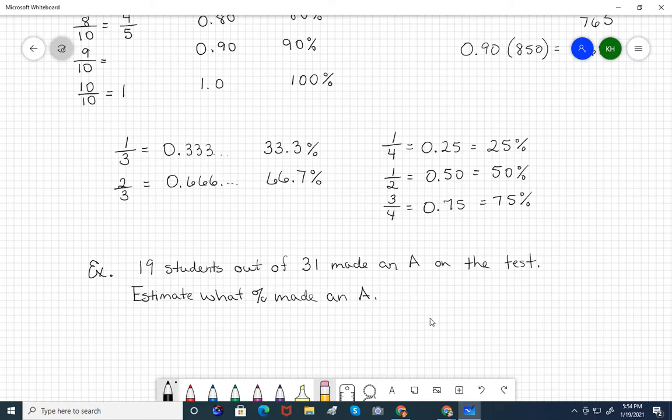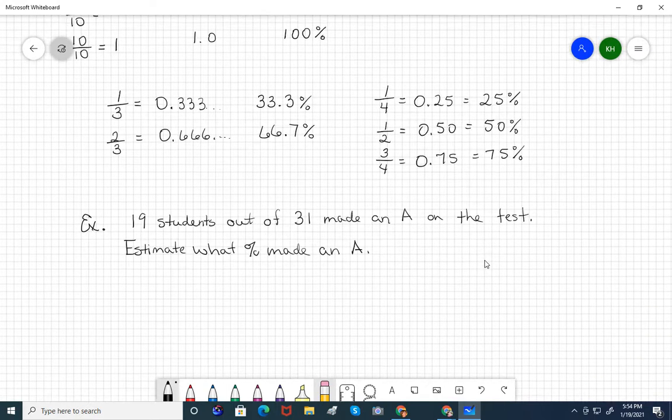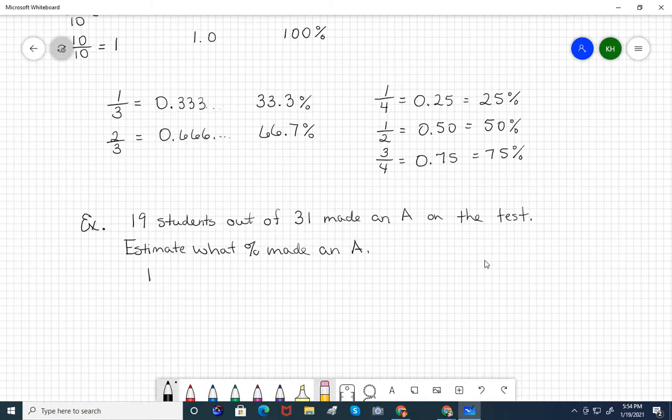If I wanted to estimate this, I might say, look, 19 out of 31. We put part over the whole, that's approximately equal to 20 out of 30. That's 2/3, isn't it? I know 2/3 is 66.7%, or about 67%.